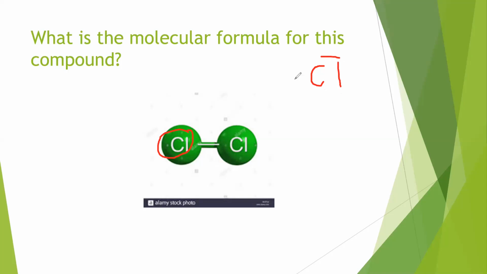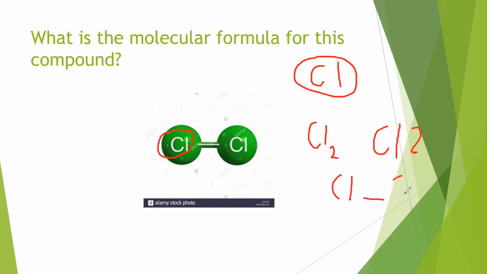So this is just one element. So we now know it's one element. There's two chlorines in one molecule, so we'll put a chlorine 2. But I know in the chat box, you really can't put that subscript there. So just do Cl2 or Cl underscore 2 or anything else that you can think of. So yeah, most of you got that one correct.